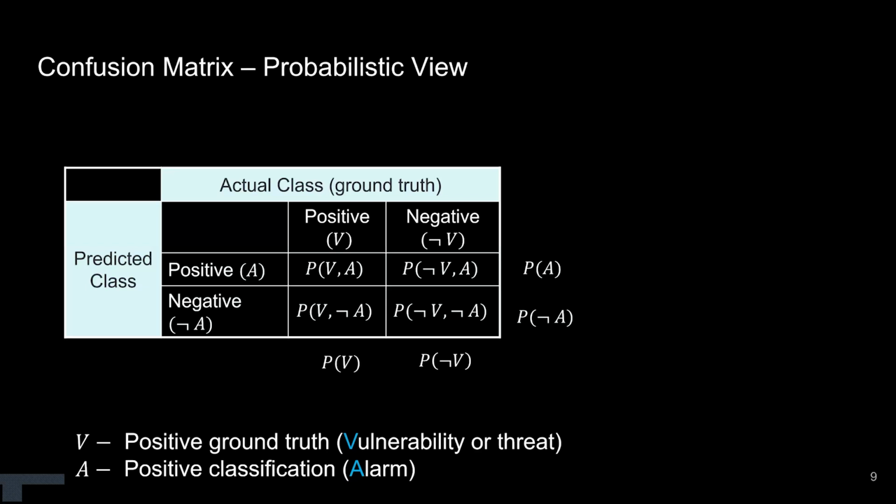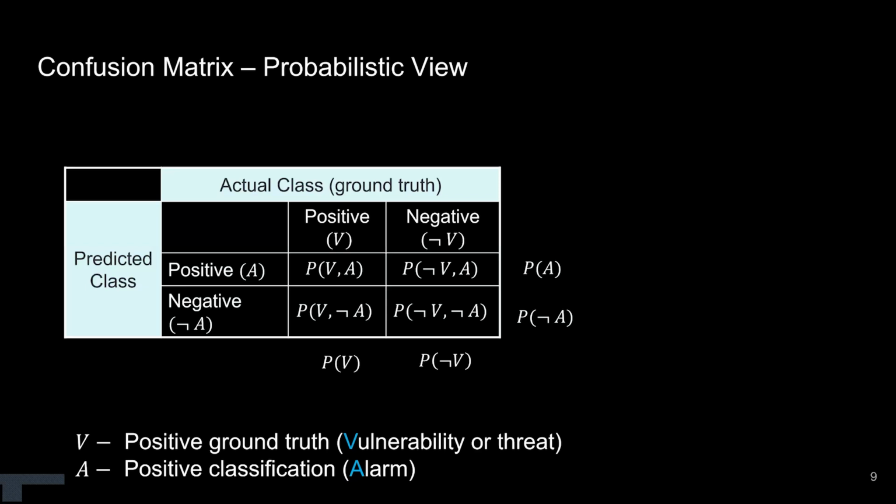Your false positive is the joint probability of producing an alarm when there is actually no vulnerability. Your false negative is a joint probability when you have a vulnerability, but no alarm is produced. And these numbers along the rows and the columns are the marginal probabilities. The P(V) is also called the base rate, that is the rate of the positive class in your data set, and typically it's very low.